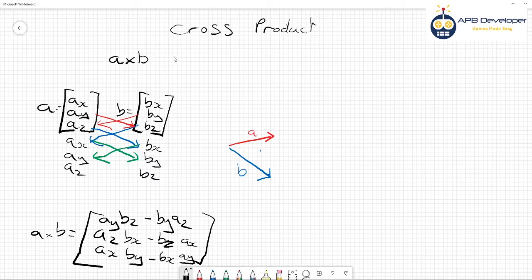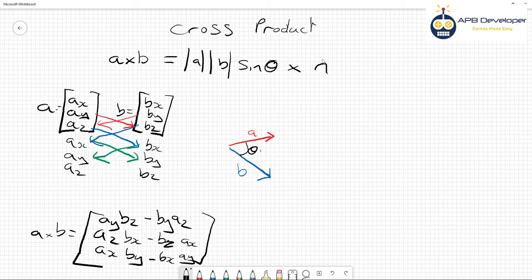But what the cross product actually is, it starts off looking very similar to the dot product. It's the magnitude of A times the magnitude of B times the sine of theta. So it's the sine of this angle here, times n.